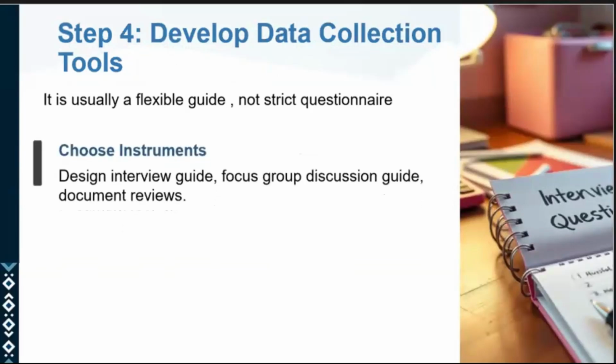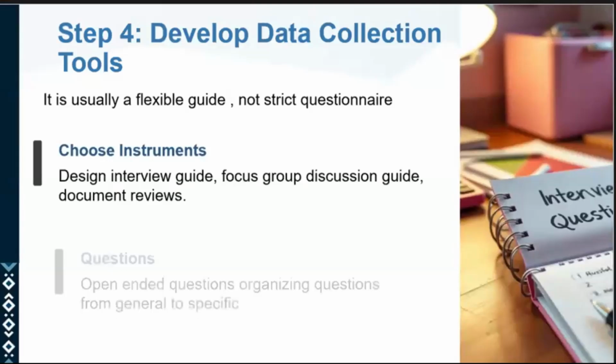So you choose your instrument depending on what kind of method you're using, either an interview or a focus group discussion. If you're doing an interview, you need an interview guide. For a focus group discussion, you need a focus group discussion guide, and a document review guide.